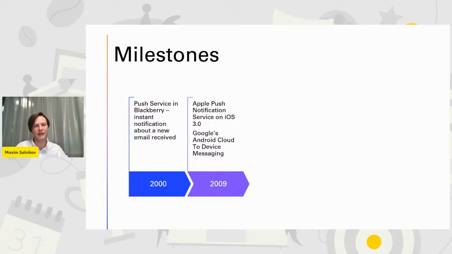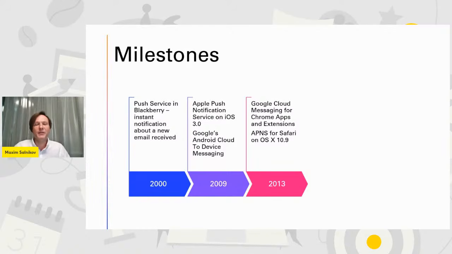It's all an early era of mobile devices, of mobile apps, and quite early notifications came to this field. Very first experiments with web happened in 2013 when Google implemented something similar to the mobile native one for extensions of the browser. I mean, we still are not talking about websites yet, it's extensions.